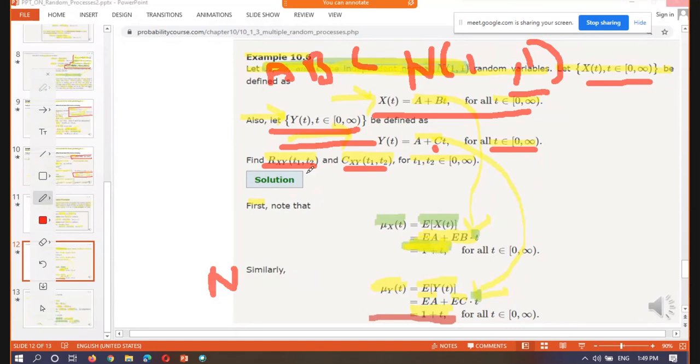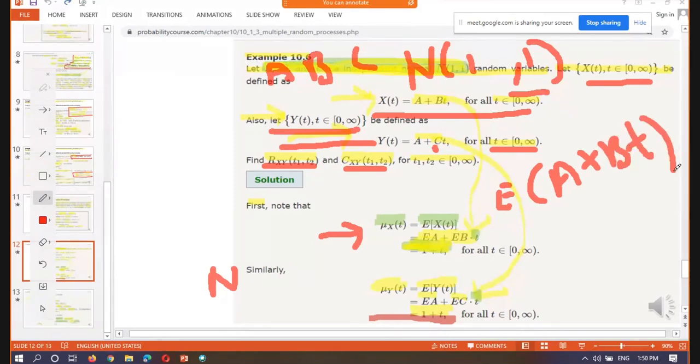Because in cross correlation and cross covariance we require the mean functions of Xt and Yt, first we calculate the mean function. The mean function of Xt is the expectation of Xt, and the value of Xt is A plus Bt. So you substitute A plus Bt here, and then you distribute the expectation over these two terms, because t is a real constant.